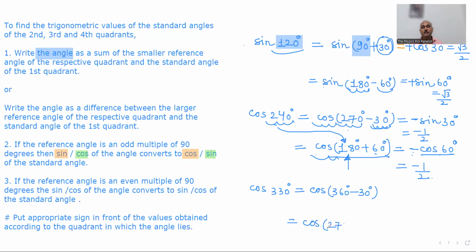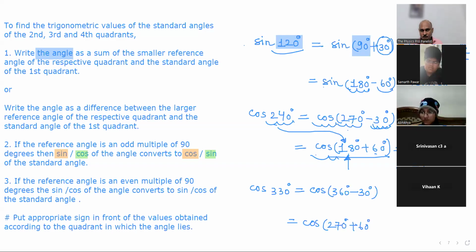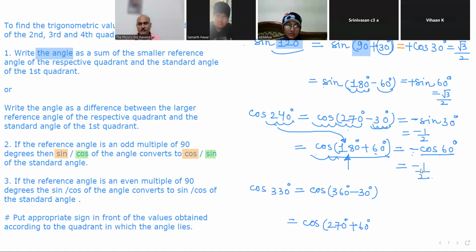Now, if you have answered the first step, let's say Abhikhya, how will we move ahead in this one?